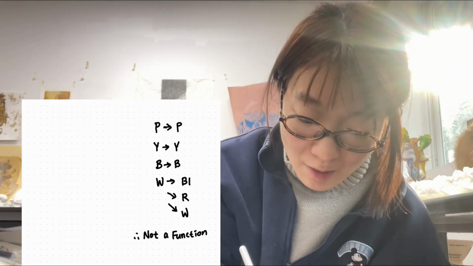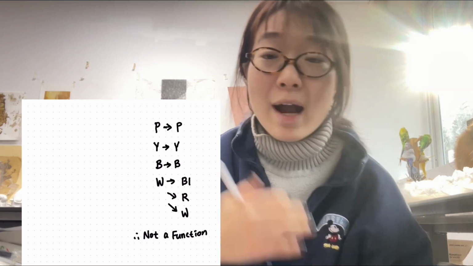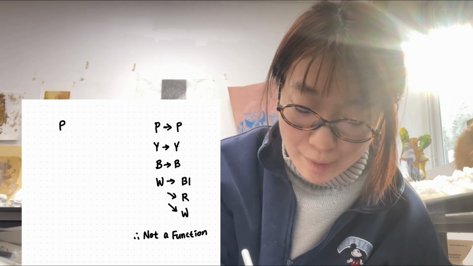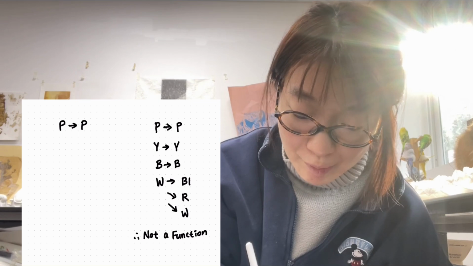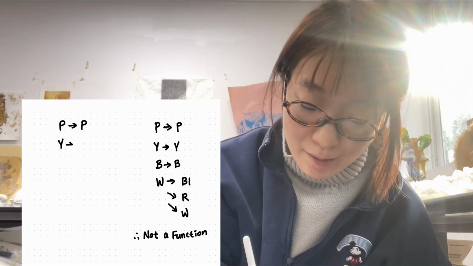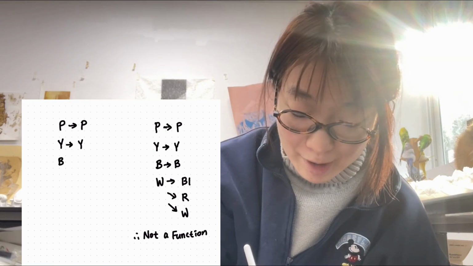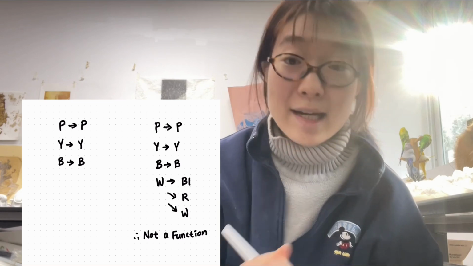So same thing, when we see pink poop, that means Ryan ate pink candy. When we have yellow poop, that means Ryan had yellow candy. When we have blue poop, that means Ryan had blue candy. And if I see him with black poop, then we know for sure that he had white candy, 100%, right?